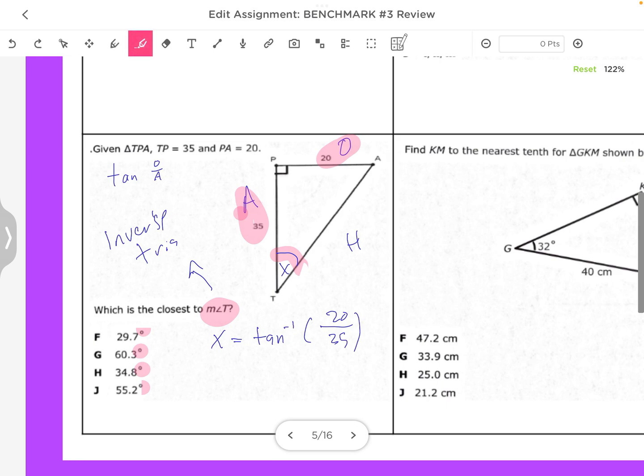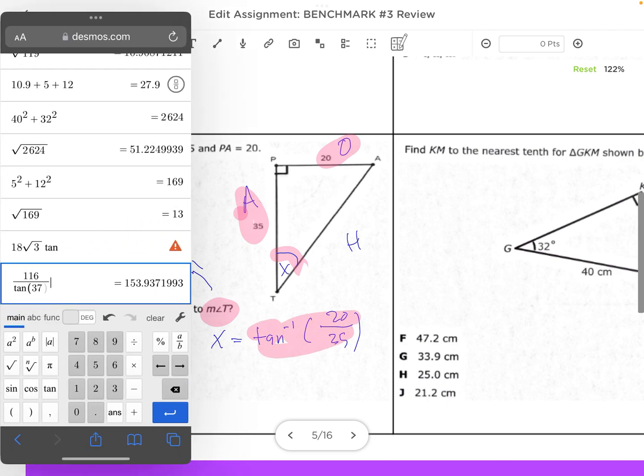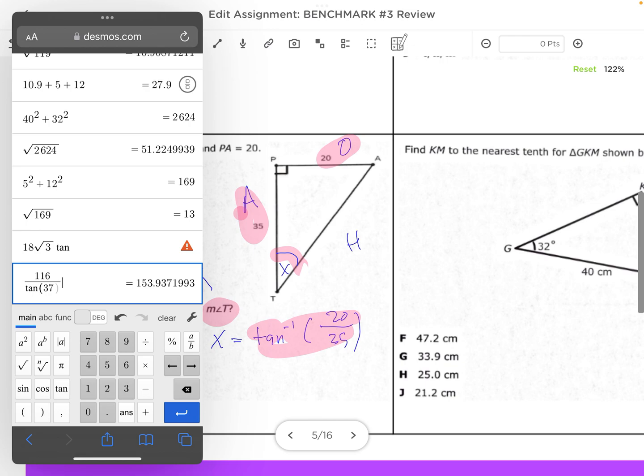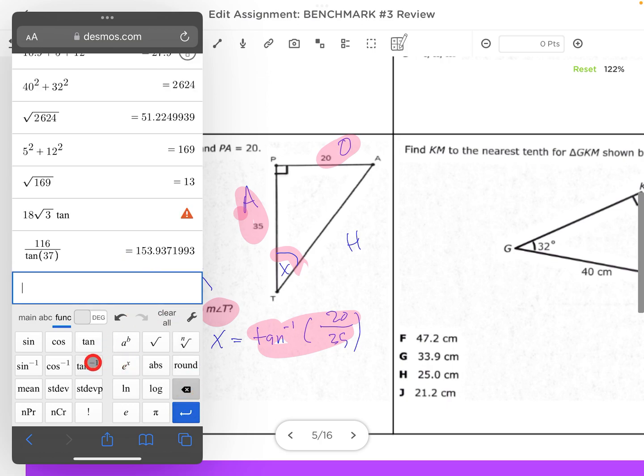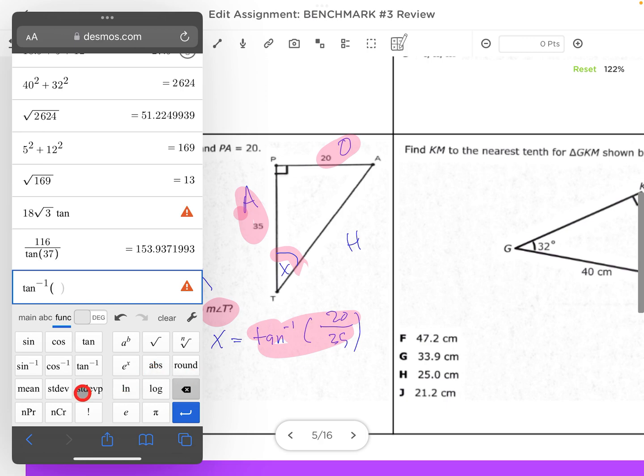So now let's just type that right straight into our calculator. Okay, so we remember first off that we have to use this function button over here to go to the inverse, right? Actually, whenever I mess up like that, I can just push that and then it goes back. All right, so we're going to say inverse tangent of 20 over 35.